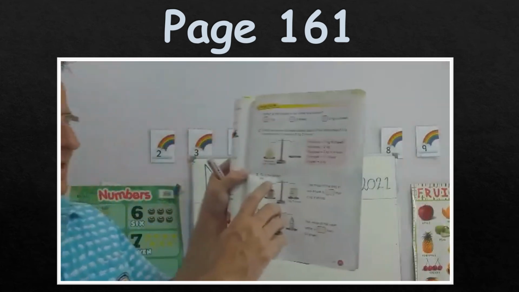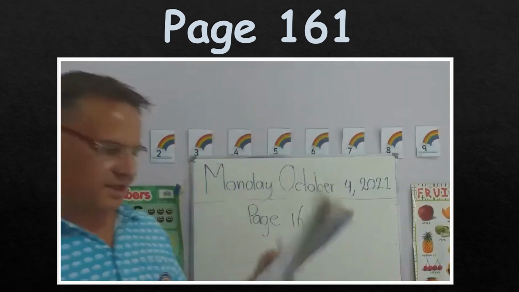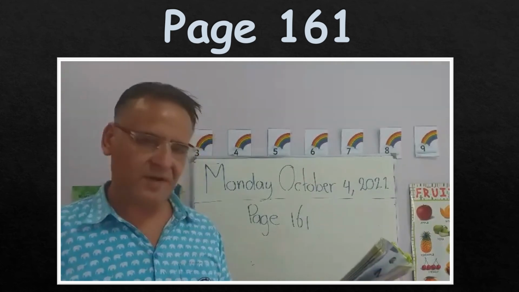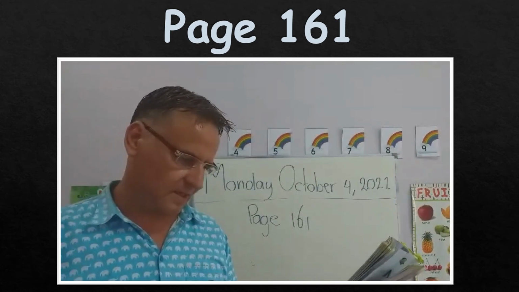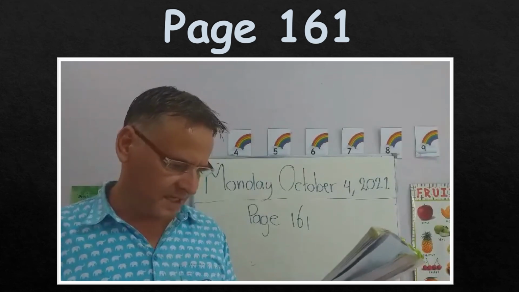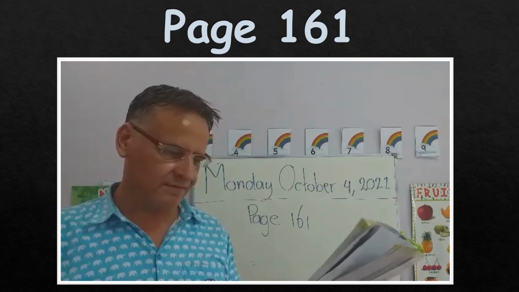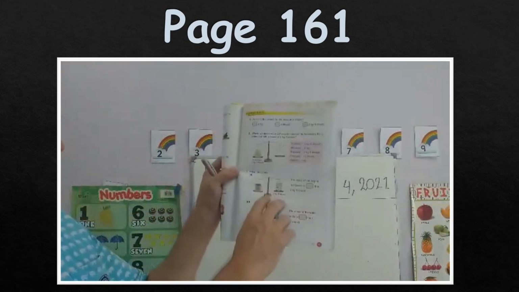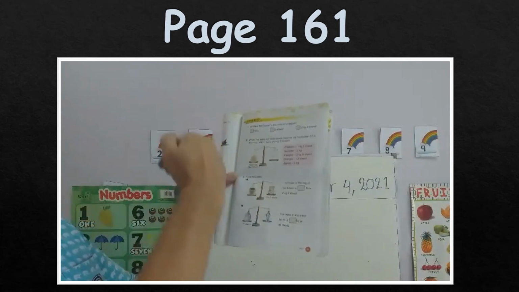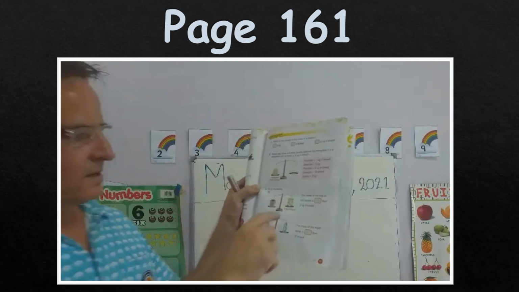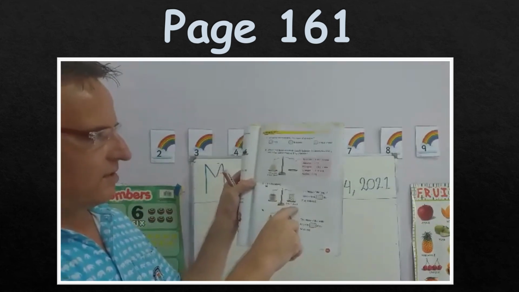Okay, then practice 3A. Look at the scale. There is a bag of red beans on the left, and there is a bag of, I don't know what that is, but it weighs 2 kilo and 5 kg on the right. Now, if you look at the scale, you see the scale tips a little bit towards the beans. This one is 2 kilo and 5 kg.